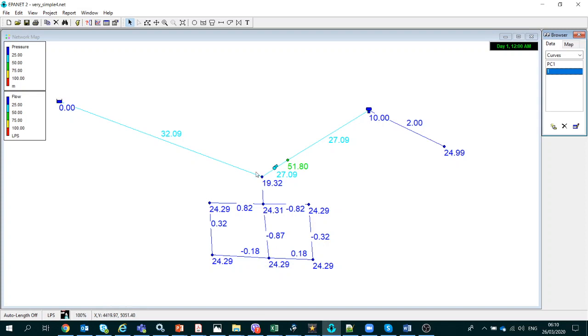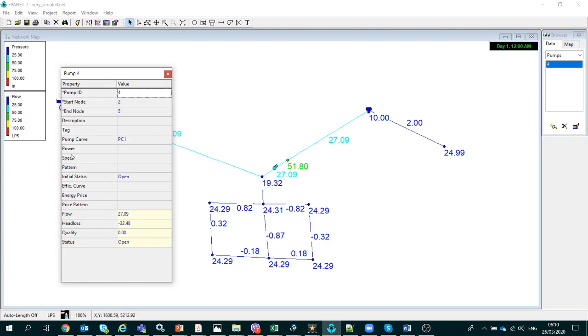Now, if you look at the properties of a pump, you can see that there is an entry called power. This is the most rudimentary way of providing power details to the model. That is, if we don't have any pump curve information, then we can provide a constant power to the pump, some sort of wattage rating, and that will be used to calculate the costs and things like that.